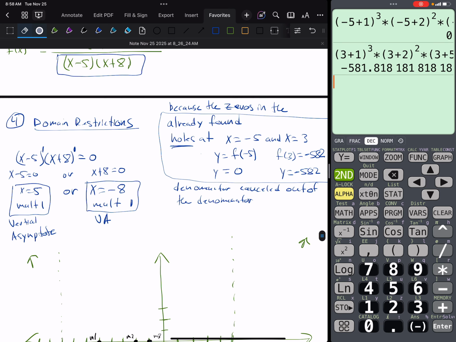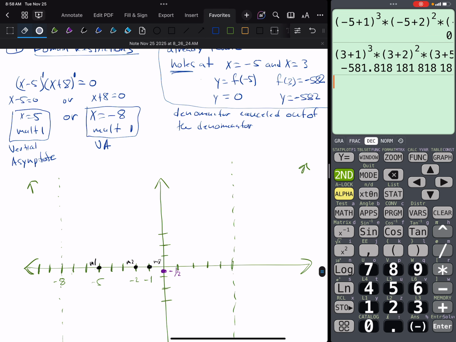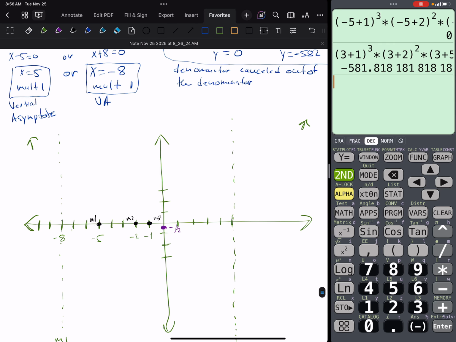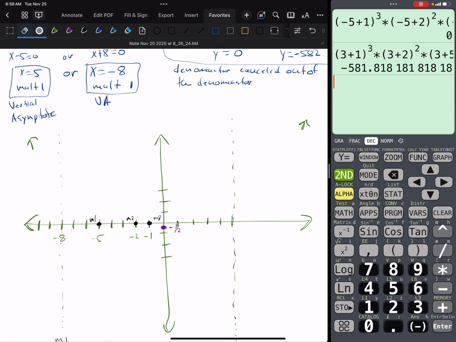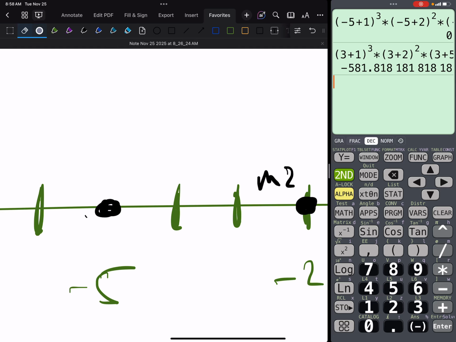The only thing I haven't put on my graph are the holes yet, right? And so at negative 5 and 0, I have a hole because it doesn't actually exist at negative 5. And so my M1 there, it doesn't actually exist. And so I'm going to go ahead and erase that M1, 0. I'm going to erase that black dot, if I can, without getting the line there.